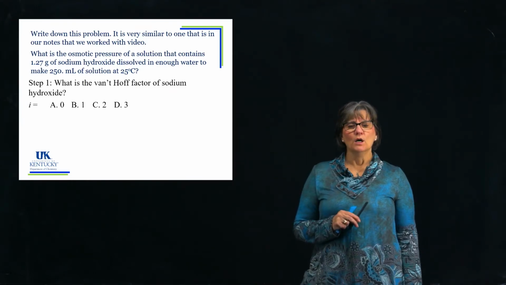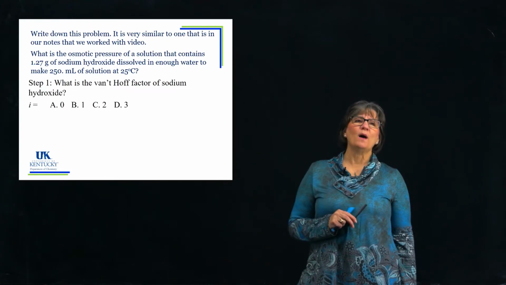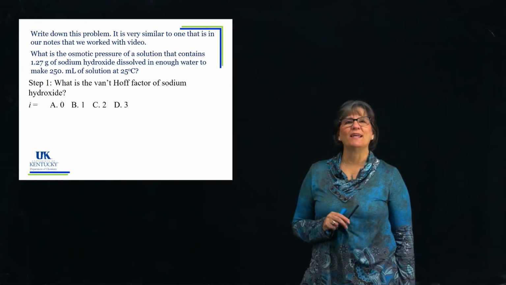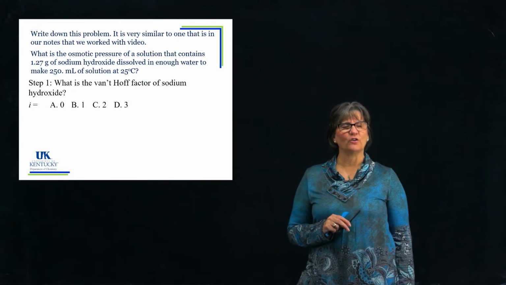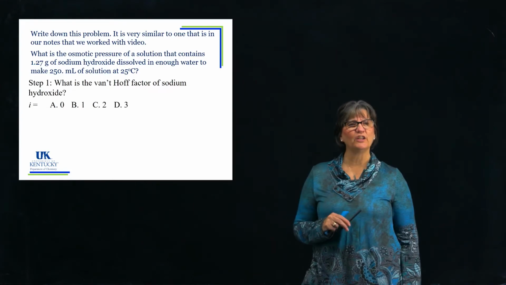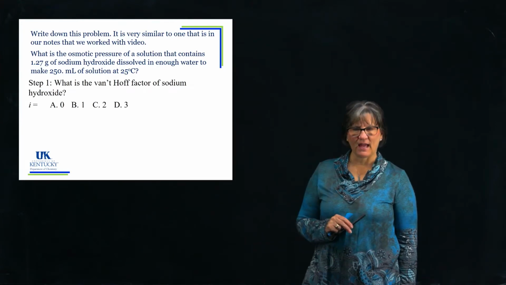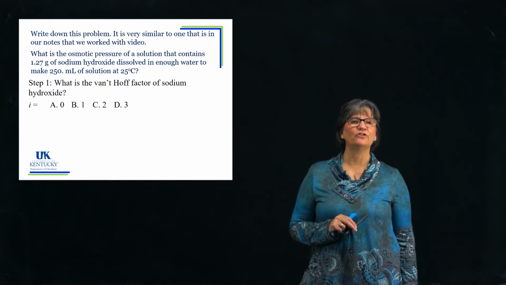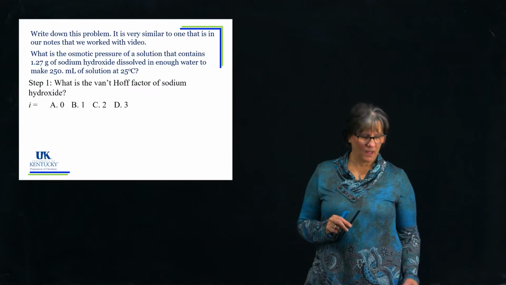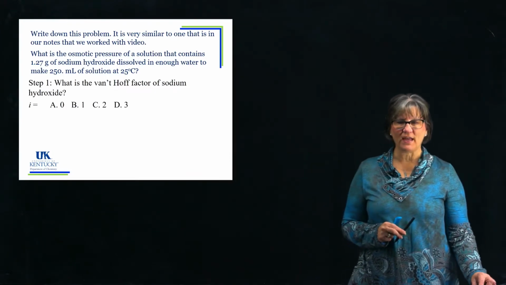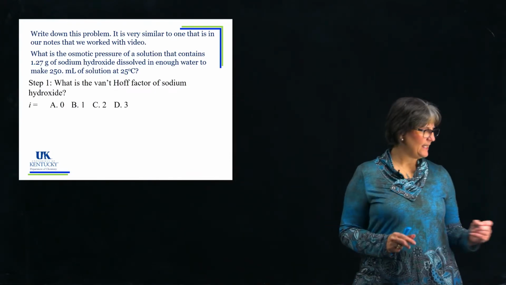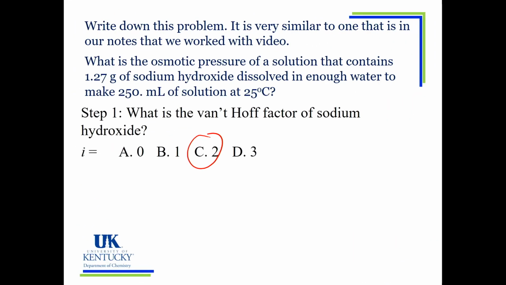All right. When we are doing an osmotic pressure problem, we know that we have that little i, that Van't Hoff factor that we have to consider. So the first thing that you want to do is pause and think, what is the Van't Hoff factor of the solute? Well, hopefully you chose the Van't Hoff factor being C, okay? Why is it C?